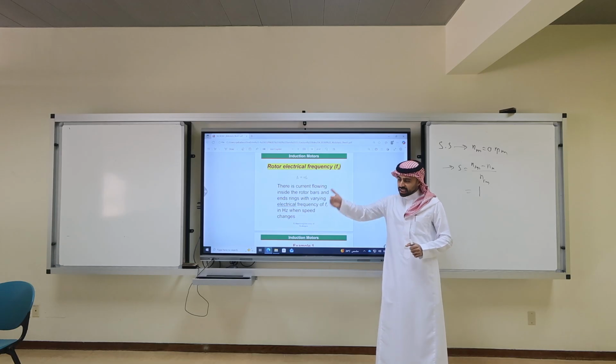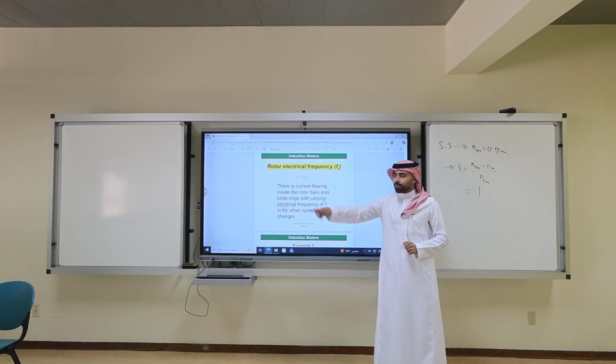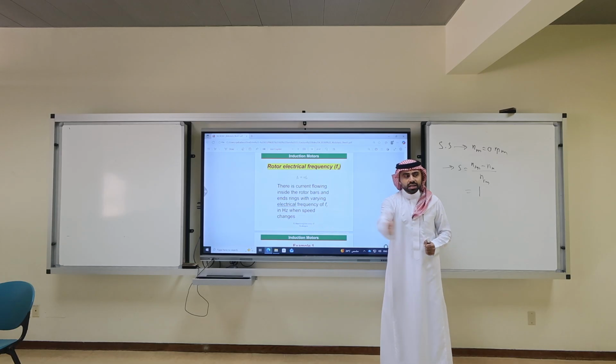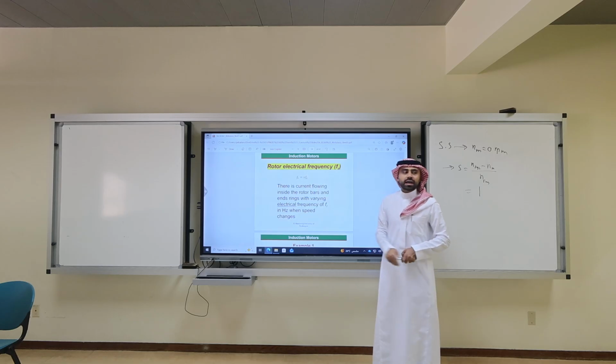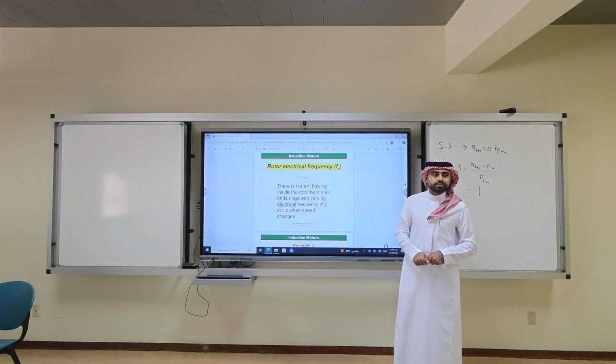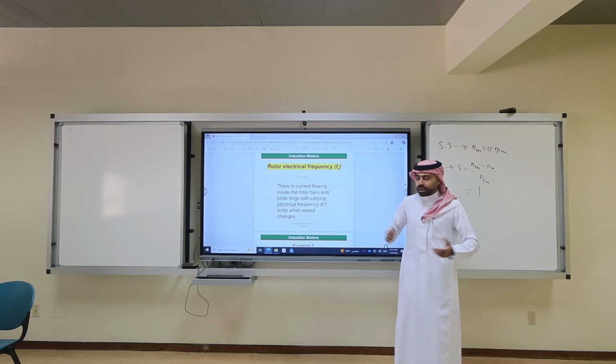You say from standstill they would start with supply frequency. As the slip changes, we use this formula to calculate the rotor frequency. The stator frequency, is it fixed or varying? Fixed. Rotor? Varying.